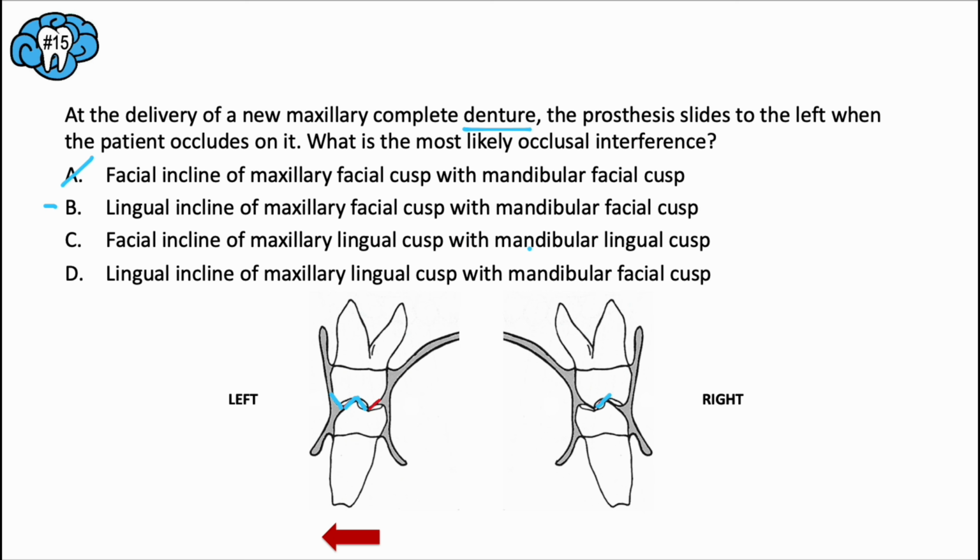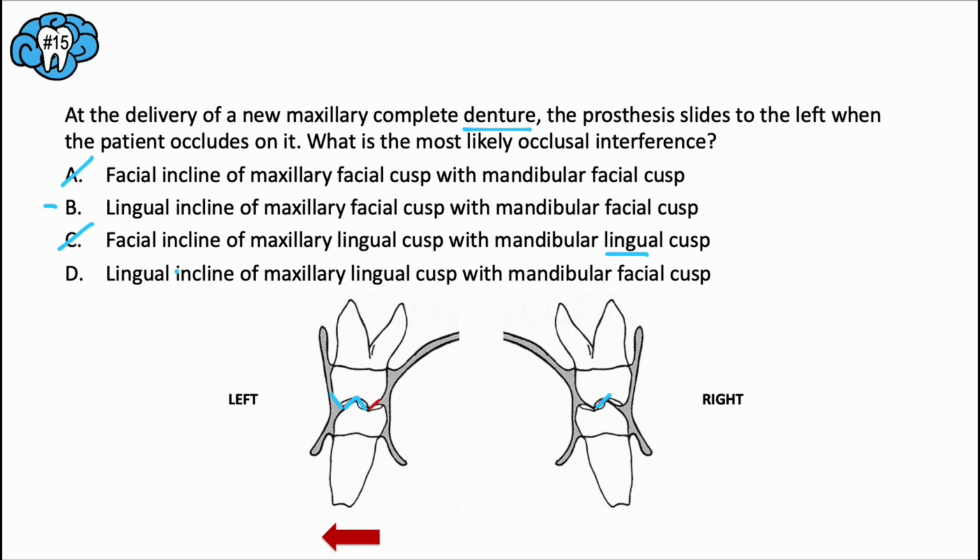But what is it saying it's occluding with? The mandibular lingual cusp. Well, the mandibular lingual cusp, if we're moving to the left, is going this direction. There's no way it can contact with that incline. This would have to say mandibular facial cusp to be included here. So that answer we can rule out as well.